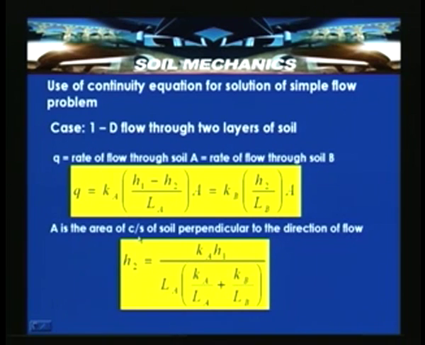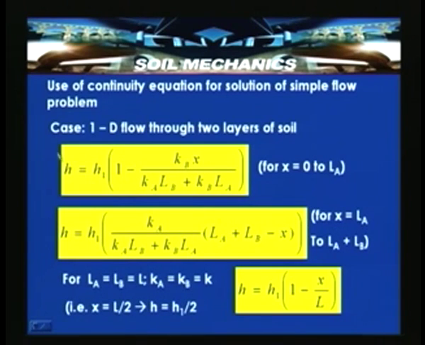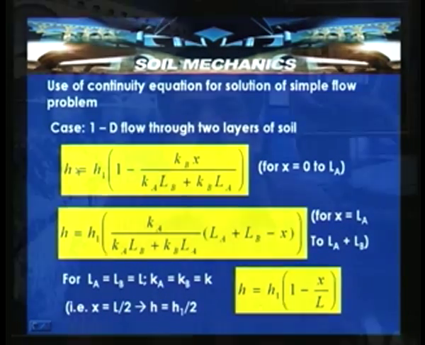By equating these two and solving, we get H2 is equal to Ka H1 divided by LA into (Ka by LA plus Kb by LB). With this, if you simplify and substitute in the previous expression, we get the one dimensional flow through two layers of soils.